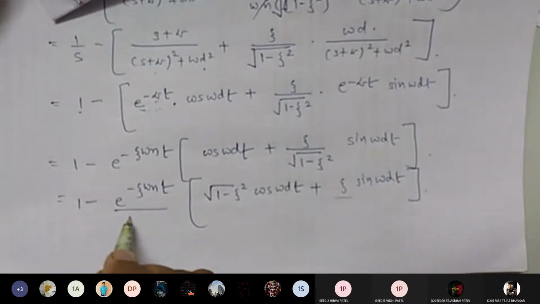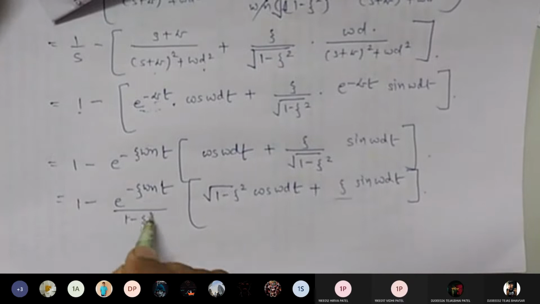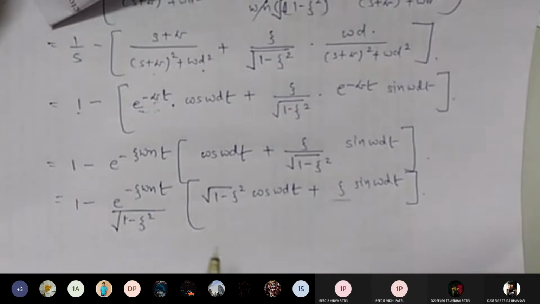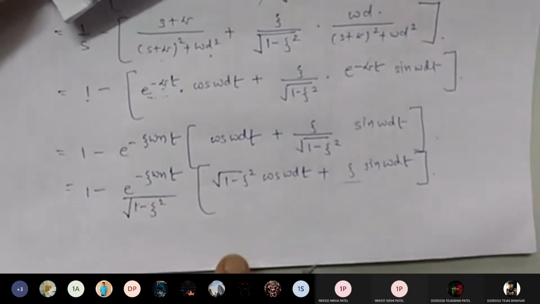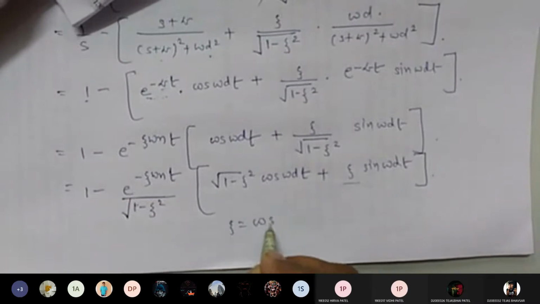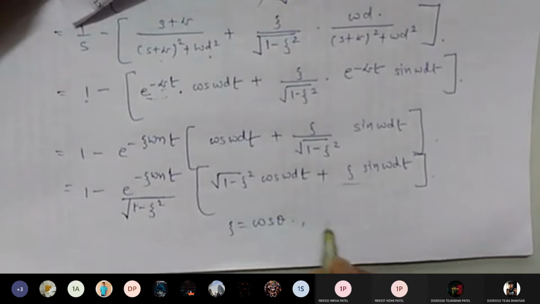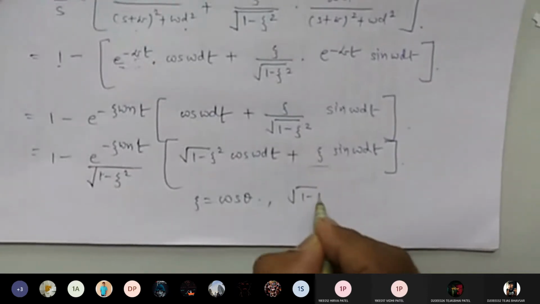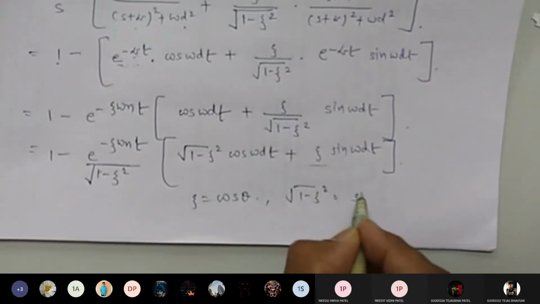I'm taking under root 1 minus zeta square out of the bracket. Done. So now I will assume zeta is equal to cos theta and under root 1 minus zeta square is equal to sin theta.